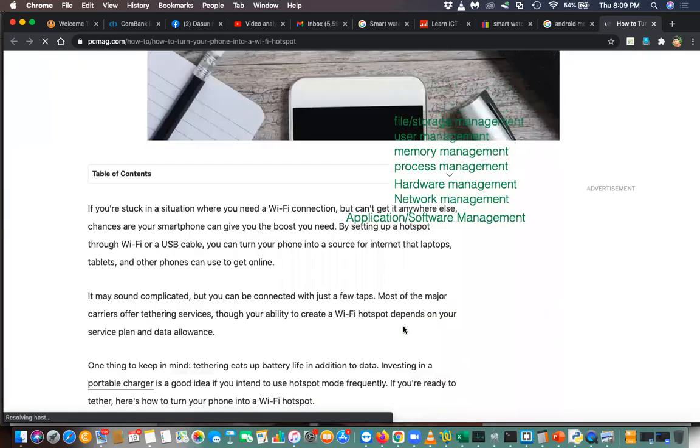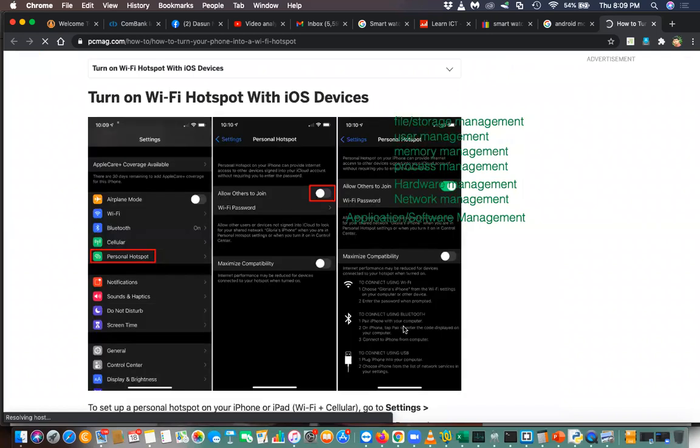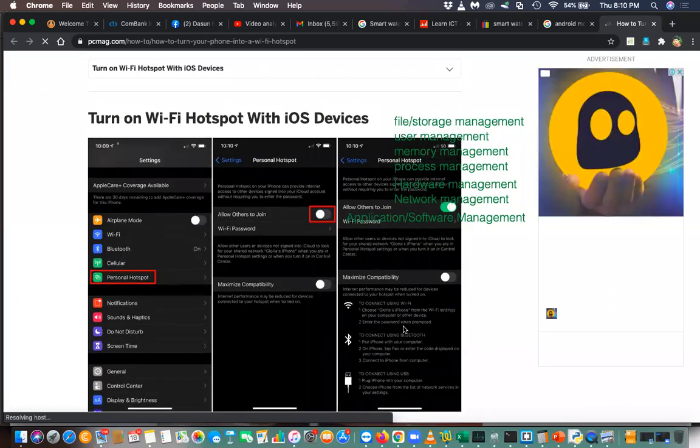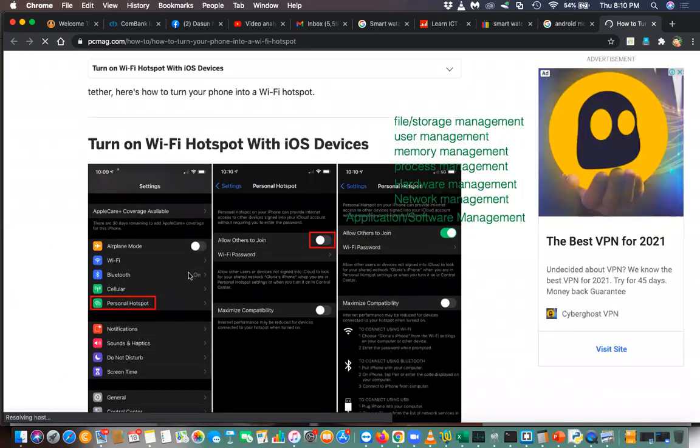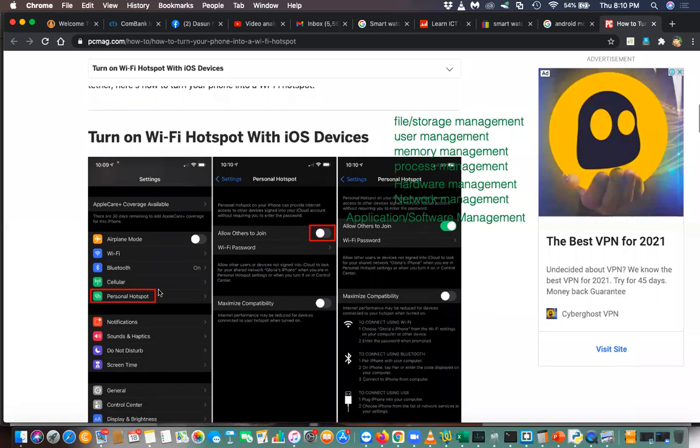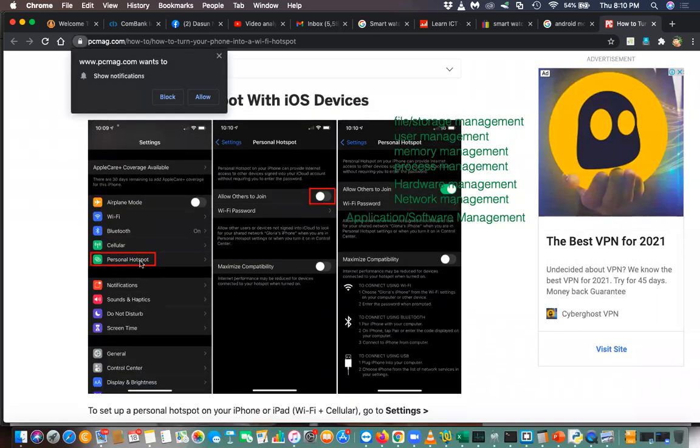Here, you can see personal hotspot or mobile hotspot. You can allow others to join and you can change the settings and the name and everything using this hotspot option in the settings.